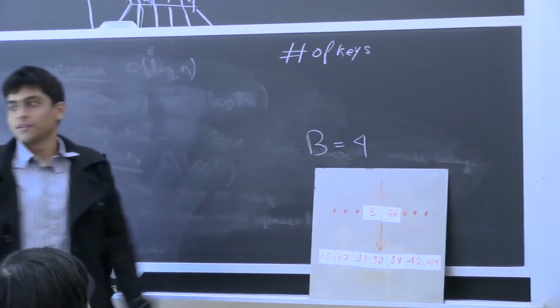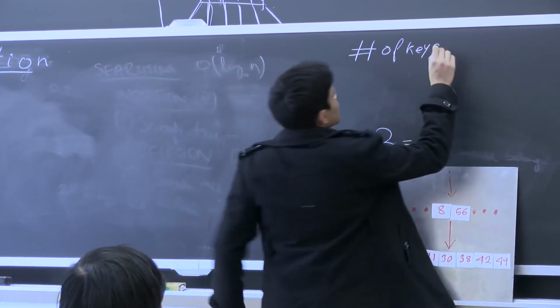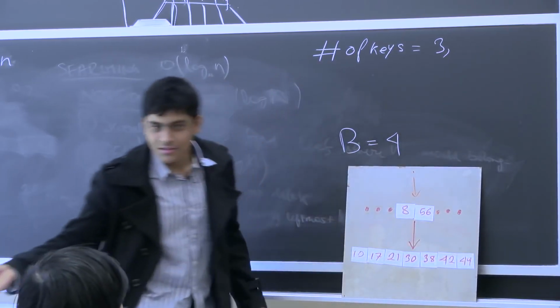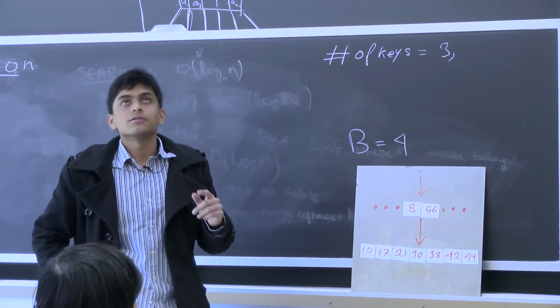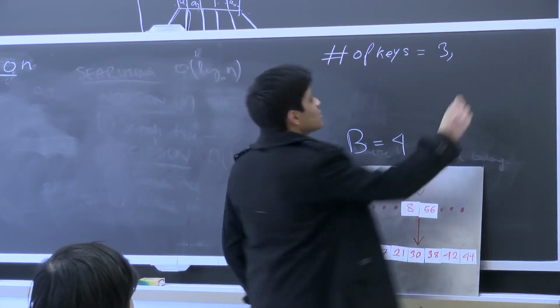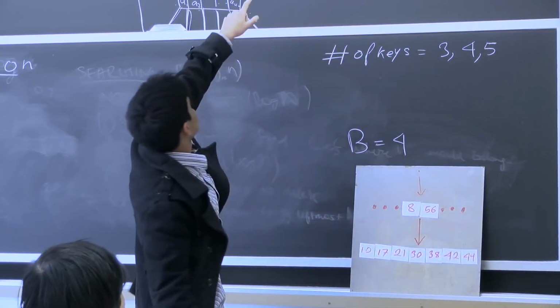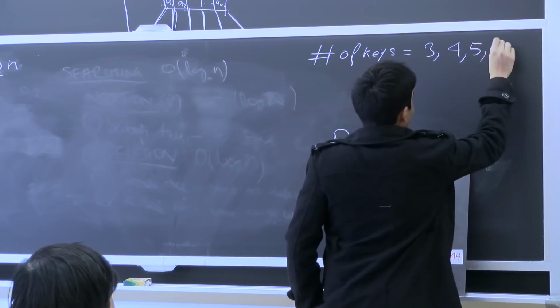What is the minimum number of keys for b equal to 4? 3, precisely. What is the maximum number of keys? 4 times 2 minus 2, correct. It's 6, not 7. There's a strictly less than sign somewhere, and you'll see why it's not 7 in a bit.